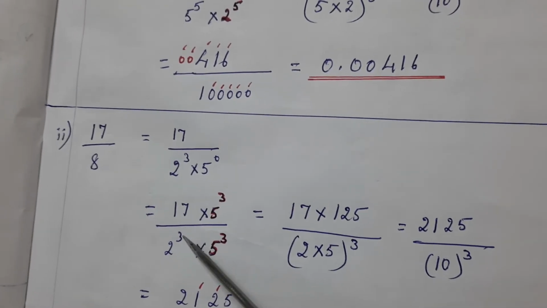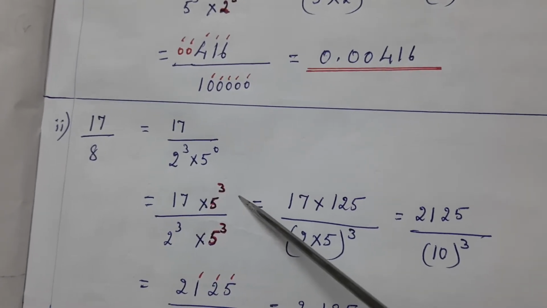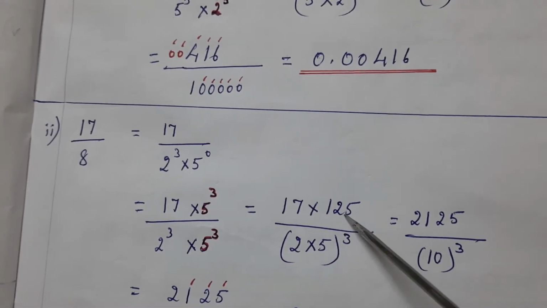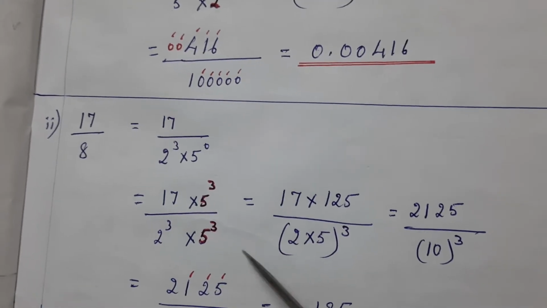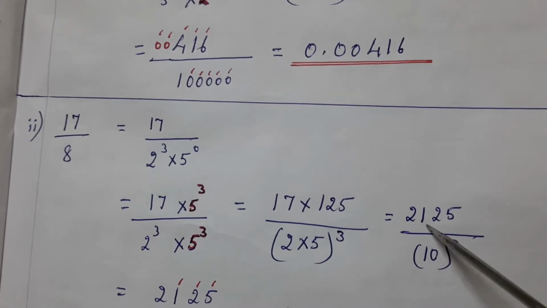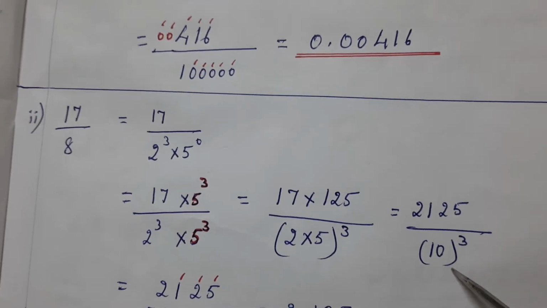The power is 3 here, so I am doing 5 power 3, and in the numerator also I am multiplying by 5 power 3. So 17 into 5 power 3 is 17 into 125, by (2 into 5) the whole power 3. When I multiply these, I get 2125 by 10 to the power 3.